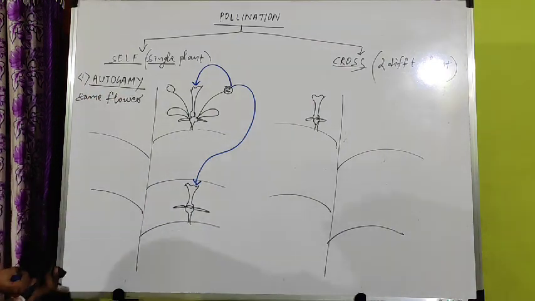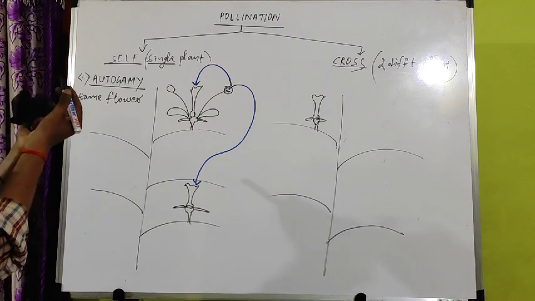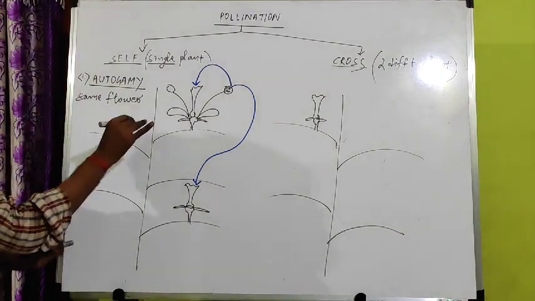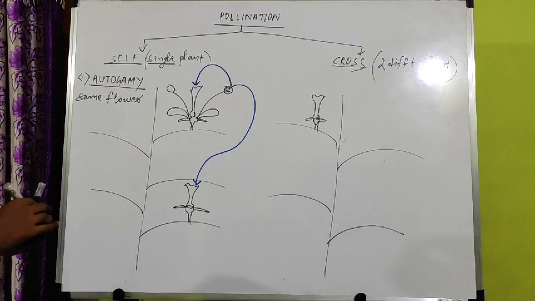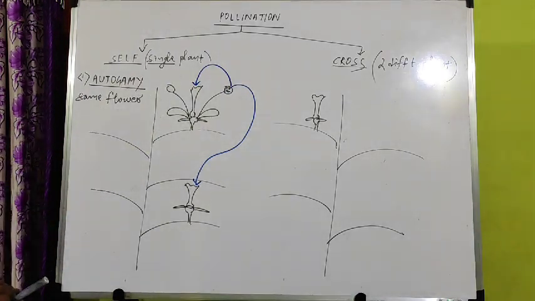If the flower is the same, what is the doubt? It is the same plant. If it is the same flower, the plant is also the same. So autogamy is the transfer of pollen grain from the anther of a flower to the stigma of the same flower.